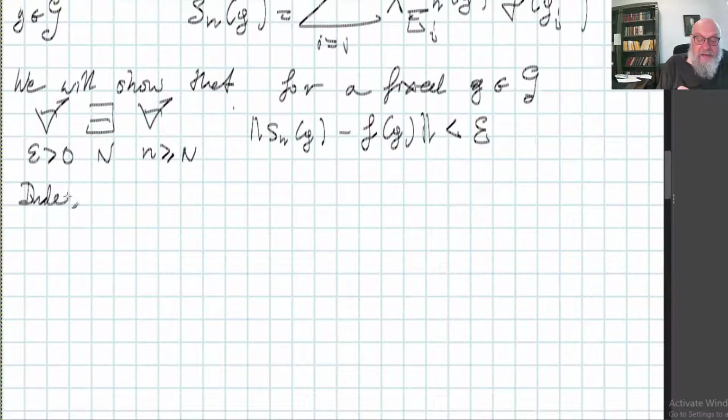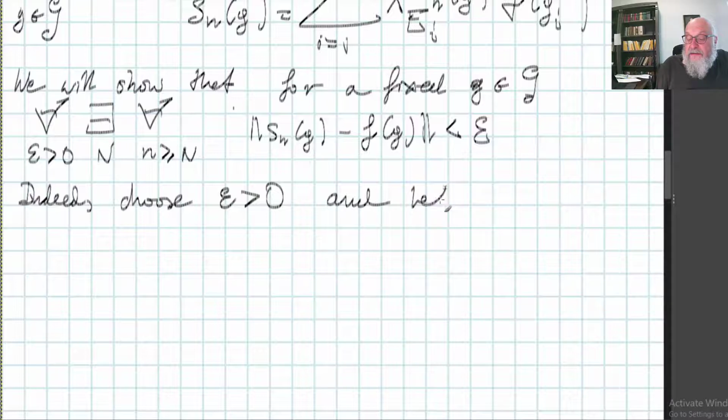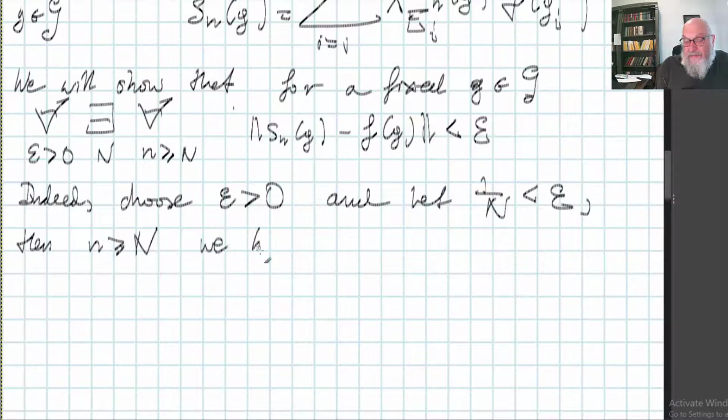Indeed, choose epsilon larger than 0 and let 1 over N, where N is a natural number, be smaller than epsilon. Then for n larger or equal than N, we have S_n of g minus f of g.